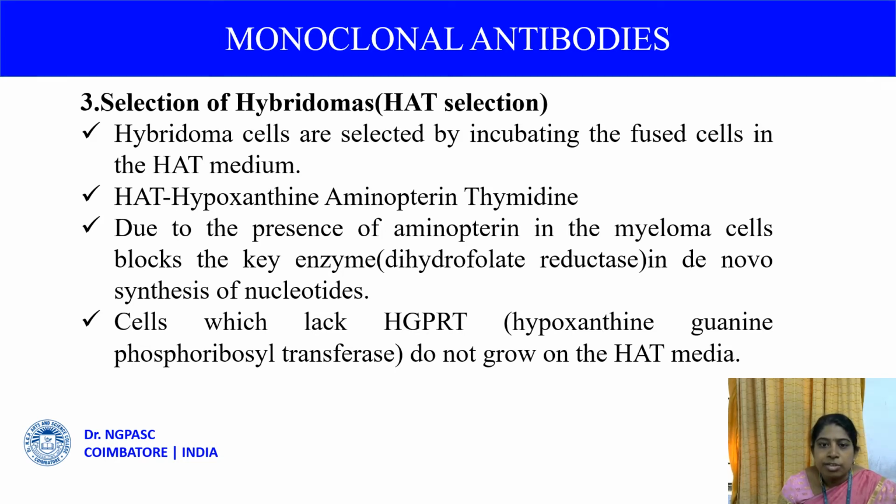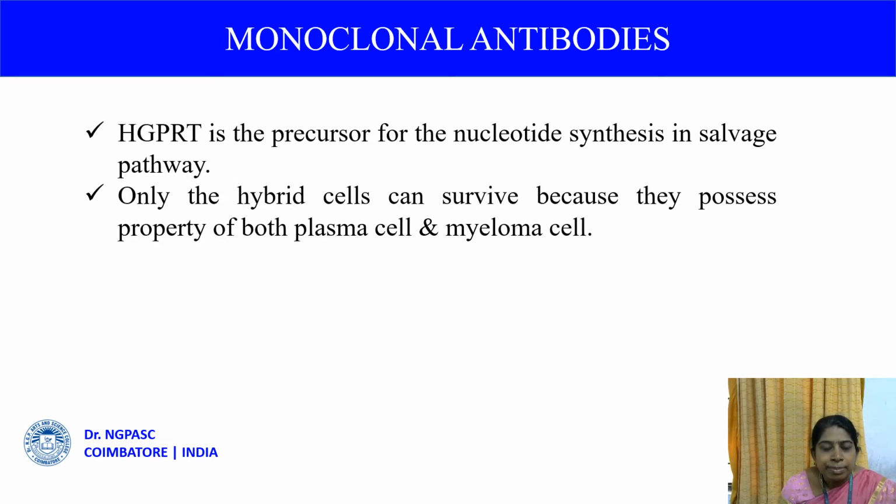Aminopterin blocks a very important enzyme, dihydrofolate reductase, which is important in the de novo pathway for the synthesis of nucleotides. Cells which lack HGPRT, that is hypoxanthine guanine phosphoribosyl transferase, do not grow on the HAT medium. HGPRT is needed for nucleotide synthesis in the salvage pathway.